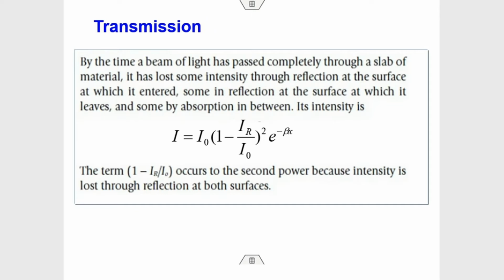This term, which occurs twice, 1 minus I_R by I0, is because intensity is lost by reflection from both the surfaces, okay. That must be taken out. Here R stands for reflection. So, the transmitted intensity can be obtained simply by this equation.